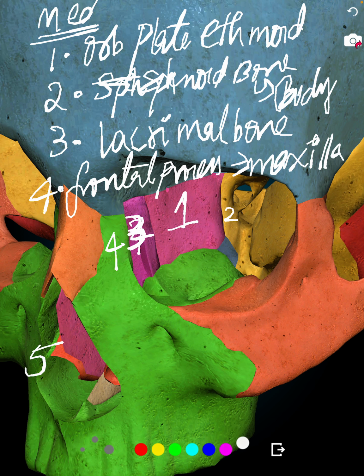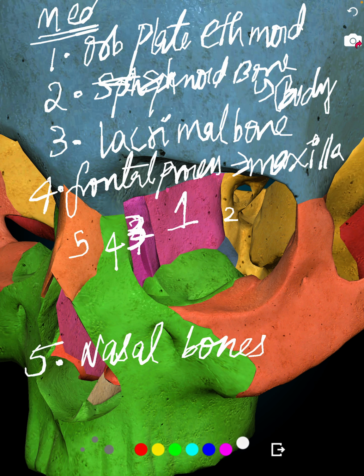And the five, I'm going to write it down here. That is your nasal bone, os nasale, that is over here. Understanding the medial wall of the orbit? Okay, so that concludes the walls of the orbit.